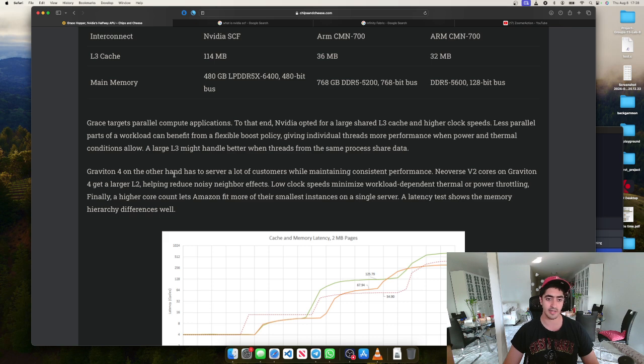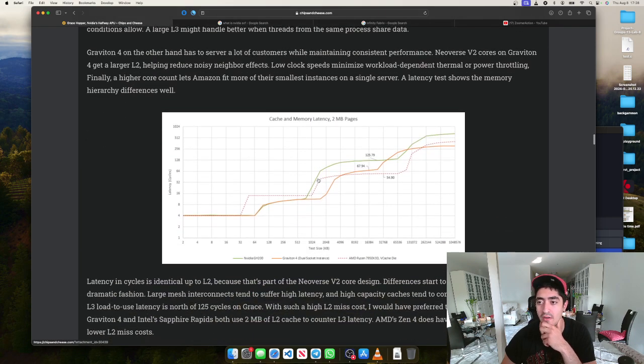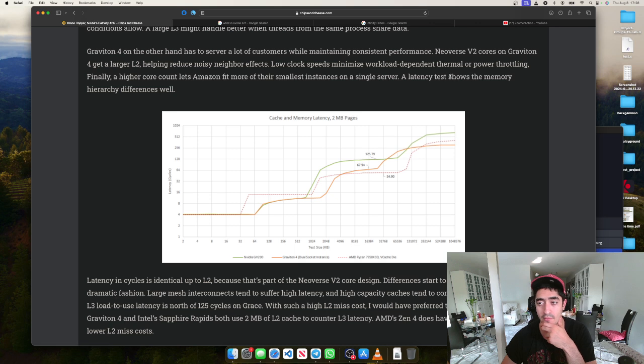Graviton 4, on the other hand, has to serve a lot of customers while maintaining consistent performance. Neoverse V2 cores on Graviton 4 get a larger L2, helping reduce noisy neighbor effects. Low clock speeds minimize workload-dependent thermal or power throttling. Finally, a high core count lets Amazon fit more of their smallest instances on a single server.